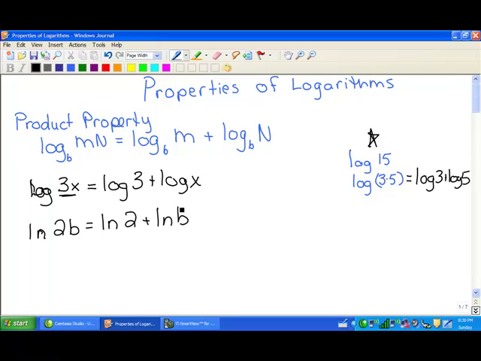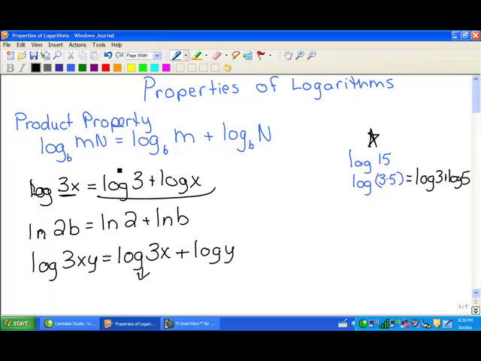Now, the product property will work with more than two factors. Let's take, for example, the log of 3xy. Well, we said earlier that we know the log of 3x, so let's use the product property and say that that's going to be the log of 3x plus the log of y.